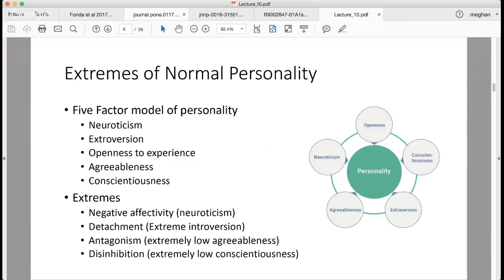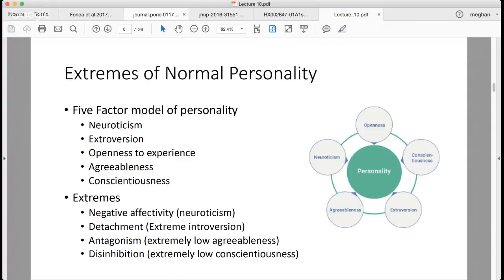These are on a continuum between extremes of that type of behavior, so neuroticism is opposite to well-adapted behavior, or like introversion and extroversion. That's a better example of the polar extremes of those types of traits.